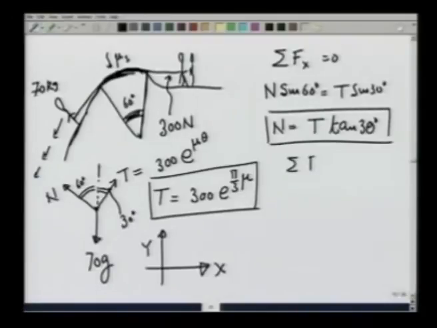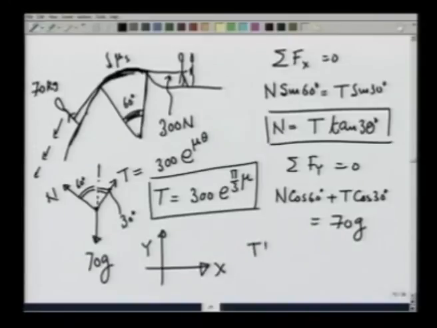Summation Fy is equal to 0 gives me N cosine of 60 degrees plus T cosine of 30 degrees is equal to 70 g. But we have already calculated what N is. Putting that value, I get T tangent of 30 degrees cosine of 60 degrees plus T cosine of 30 degrees is equal to 70 g.